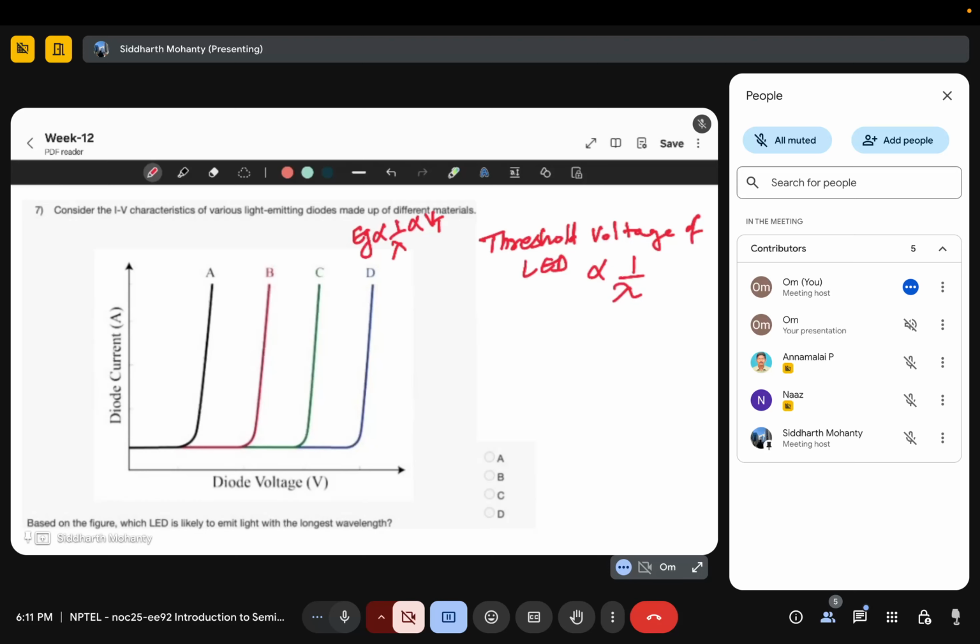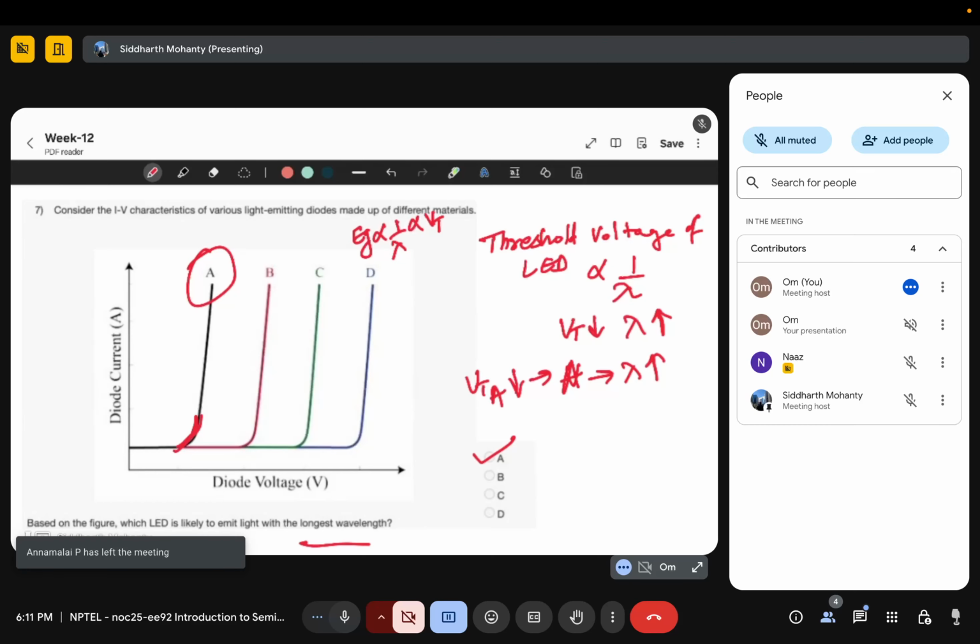So if VT is low, lambda will be highest, so longest wavelength. The lowest VT is of A, right here. So A material will have highest lambda. Answer is A.